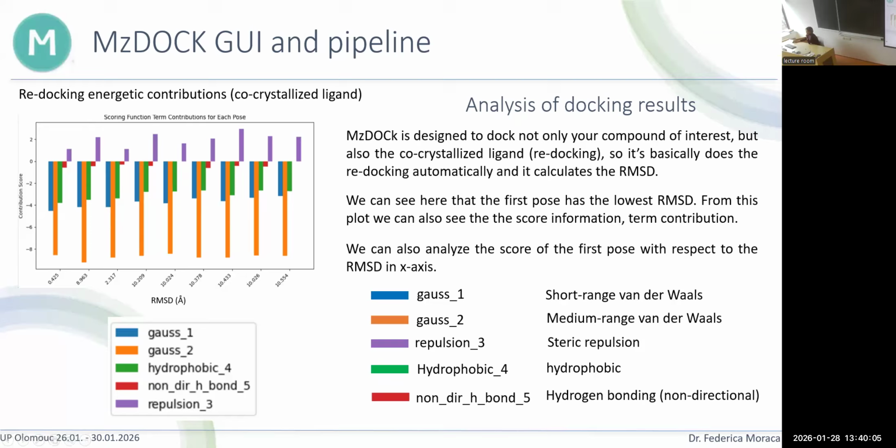As I told you this morning, steric repulsion also needs to be calculated, and as you can see, it negatively contributes to the binding. We have here positive values instead of negative values.